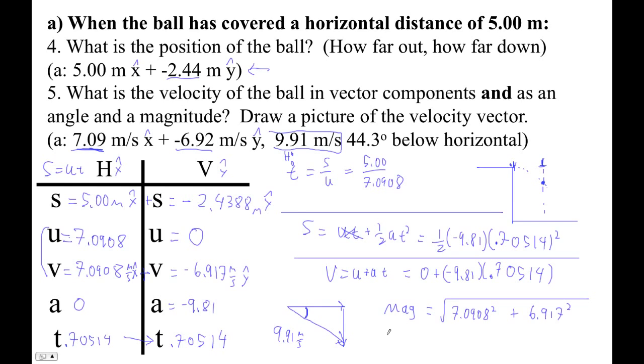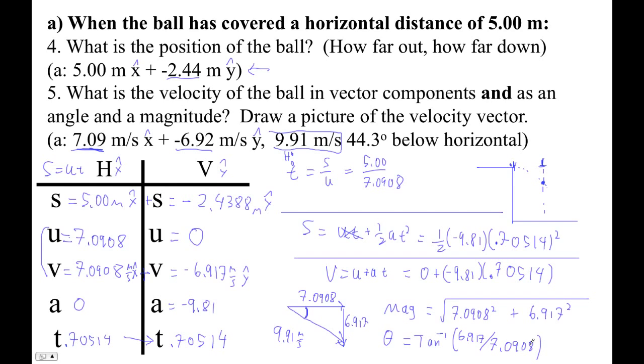Right, and then to find that angle there, what is this? This is 6.917 and 7.0908. So that's the inverse tan of opposite over adjacent, right? So 6.917 divided by 7.0908.